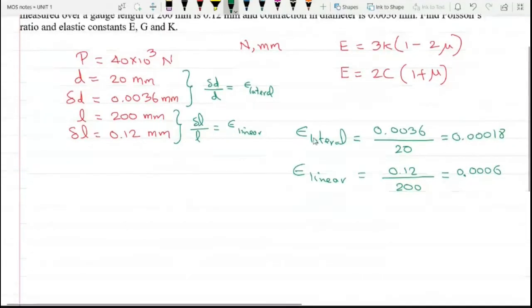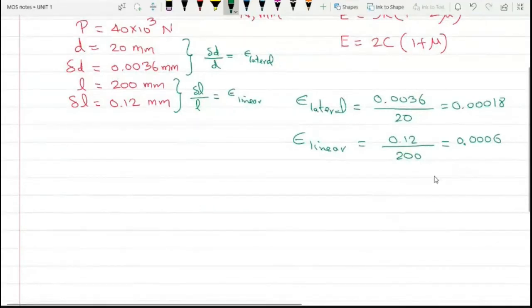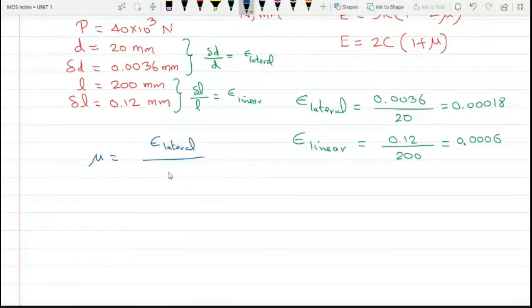So now I know the values of linear strain and lateral strain. Then it is easy for me to identify what is my Poisson's ratio. My Poisson's ratio is lateral strain divided by linear strain.